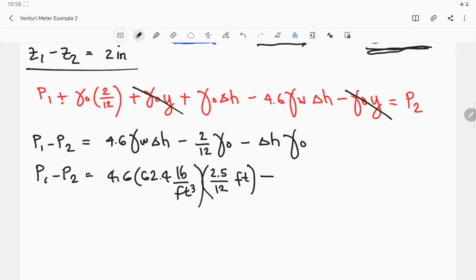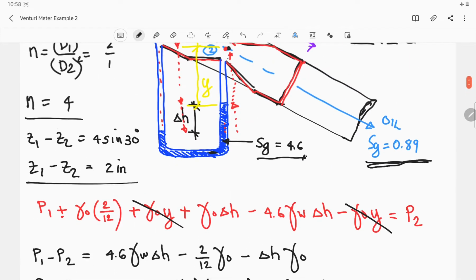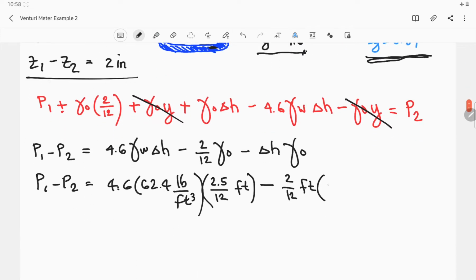Minus 2 over 12 feet times gamma of oil, that's 0.89 times 62.4 pounds per cubic feet. Minus further delta H, 2.5 over 12 times gamma of oil.